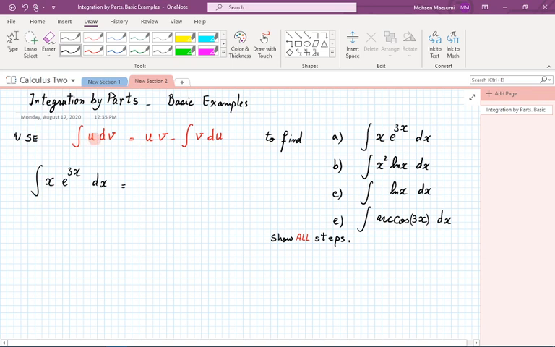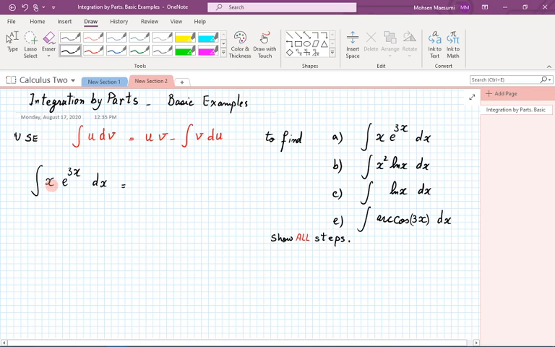Okay, in this case keep in mind that after you exchange v and u, your hope is that the right hand side is a simpler integral than the left hand side. So here if I take u to be x, when I go to the other side, du is just dx, and that term is going to disappear.